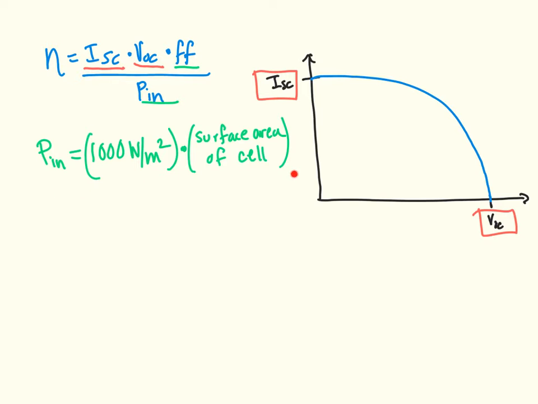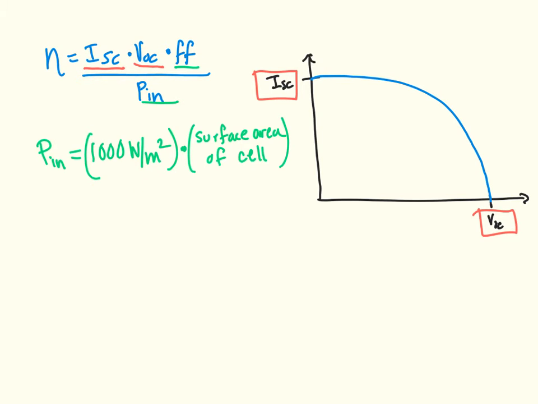So now, in order to find P in, here's the equation. As you can see, we already kind of have the value for this. All you have to do is find the surface area of the cell. The way that you do that is you find the length and the width of the rectangular area of the working part of the cell, and then you multiply it by this value.